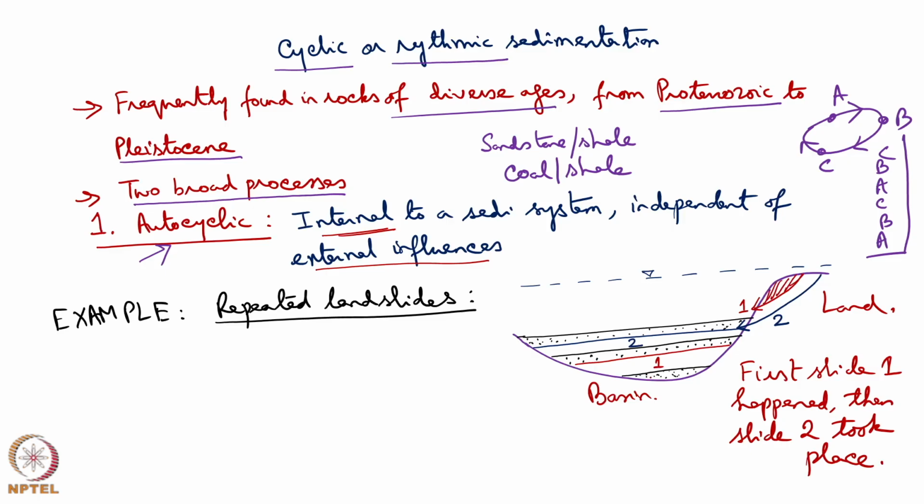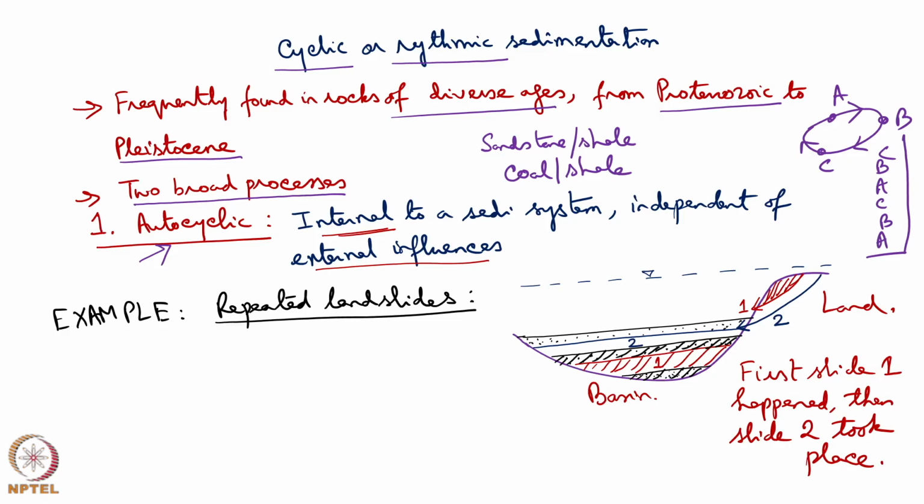Before that happened, there was sedimentation within the basin. So, this black layer indicates the marine sediments, but over there this landslide material 1 came into the picture, and after that again for thousands of years, or maybe at least for hundreds of years, the marine sediment got deposited. So, you can see an alternation has happened.